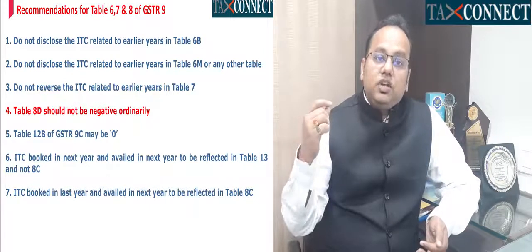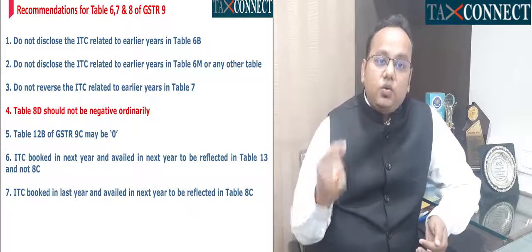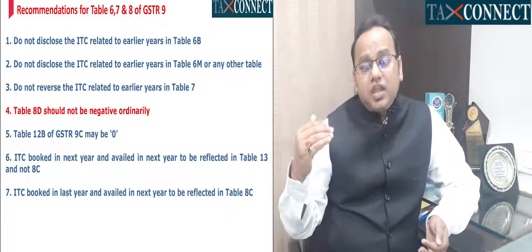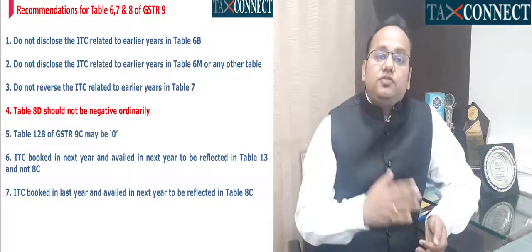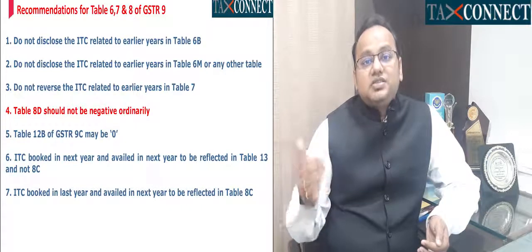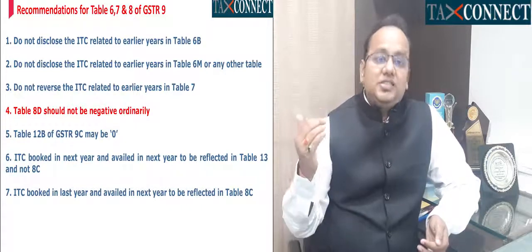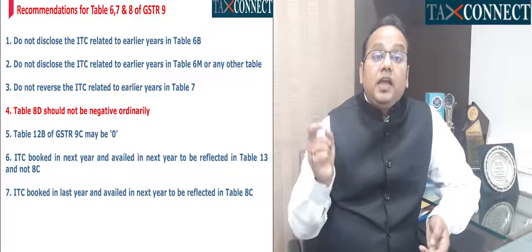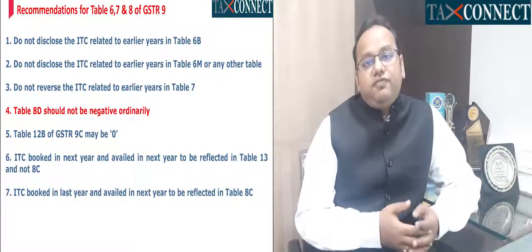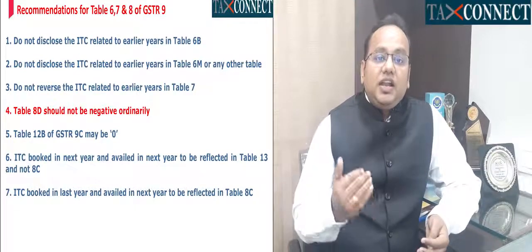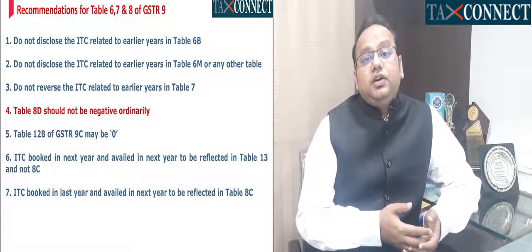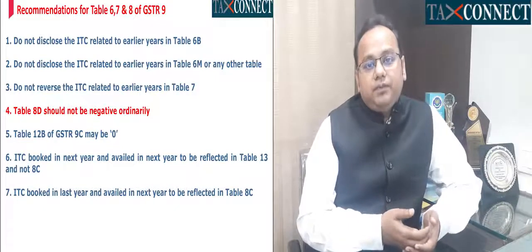8A would show only those ITC reflected in 2A pertaining to invoices of 1920. 8B, which would pull the figures from 6B, would also show the ITC of invoices for 1920, and 8C would also show them. 8D should normally be a positive figure, if you have not taken ITC which is more than that which is available in 2A of 1920.